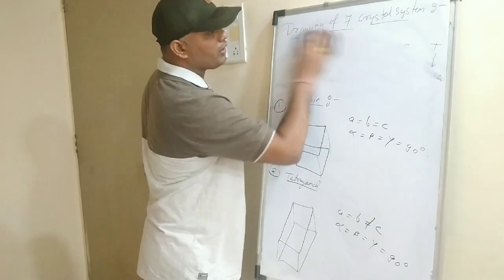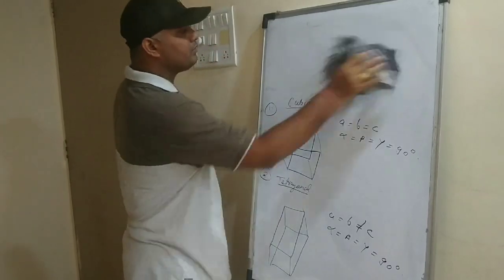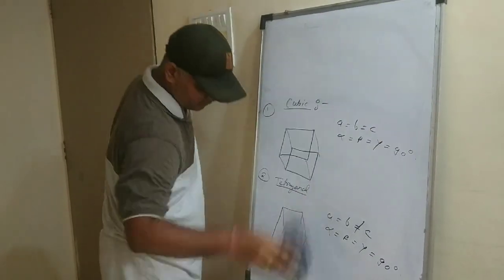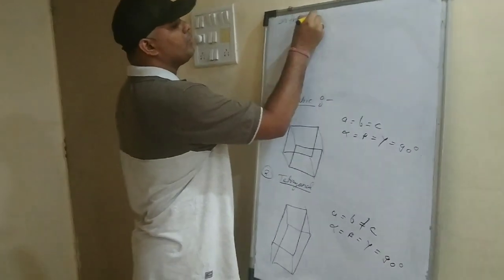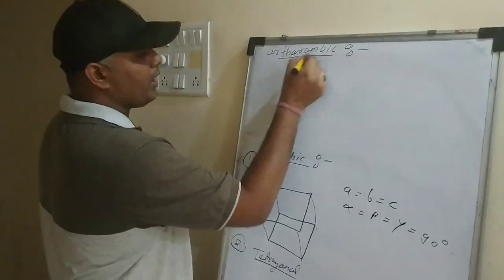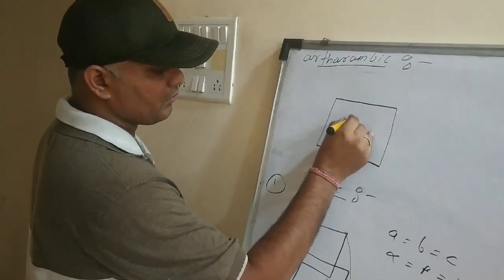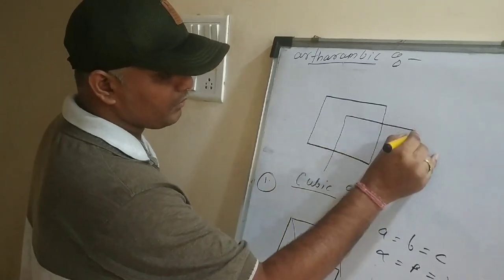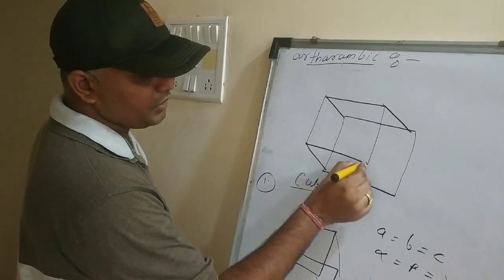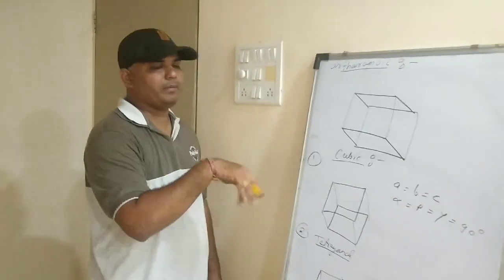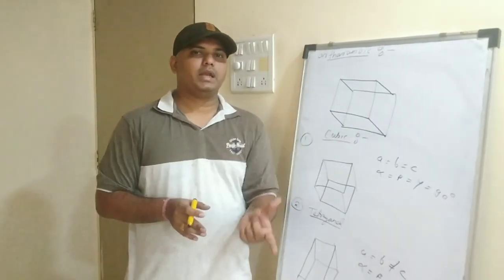Okay, let's talk about the orthorhombic. So what will be the case of orthorhombic? How to draw the orthorhombic? Orthorhombic will be a little bit broader one. See, you might be finding a similarity between these, but there is no similarity, as all these structures are three-dimensional in nature.